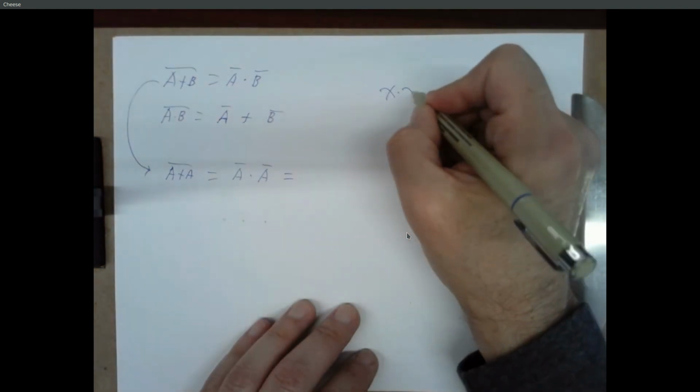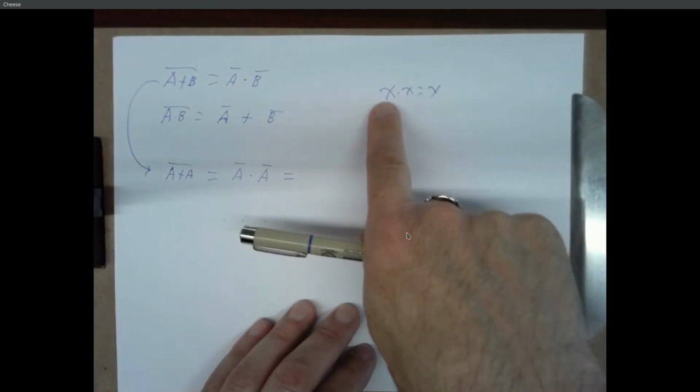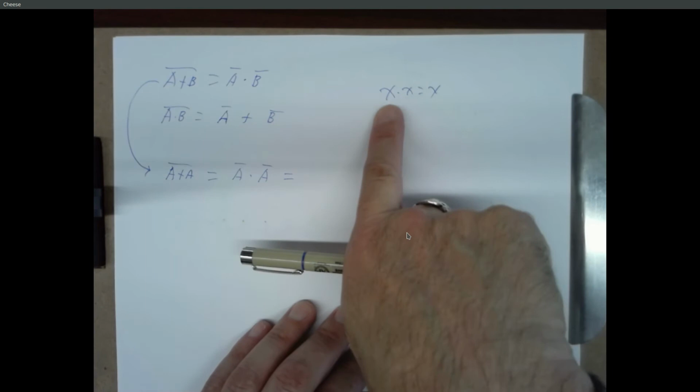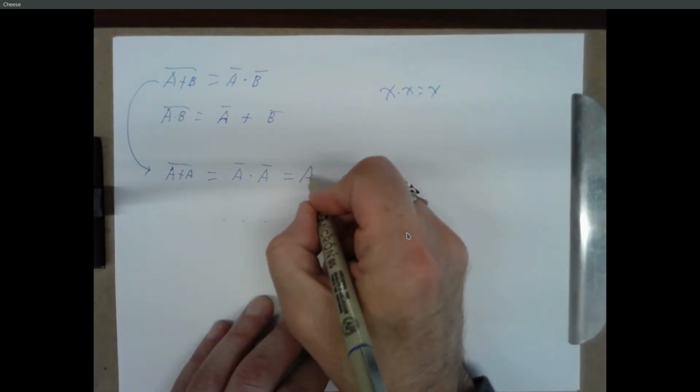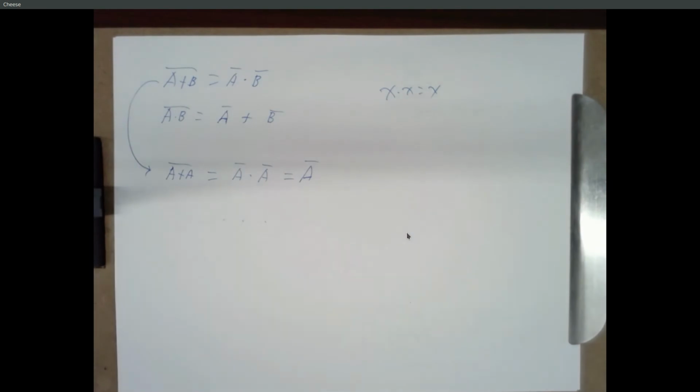And A bar ANDed with A bar, well, X ANDed with X is the same as X, right? If X is true, that's true and true, which is true. If X is false, it's false and false, which is false. So this is the same thing as A bar, which means we can make an inverter out of a NOR gate.